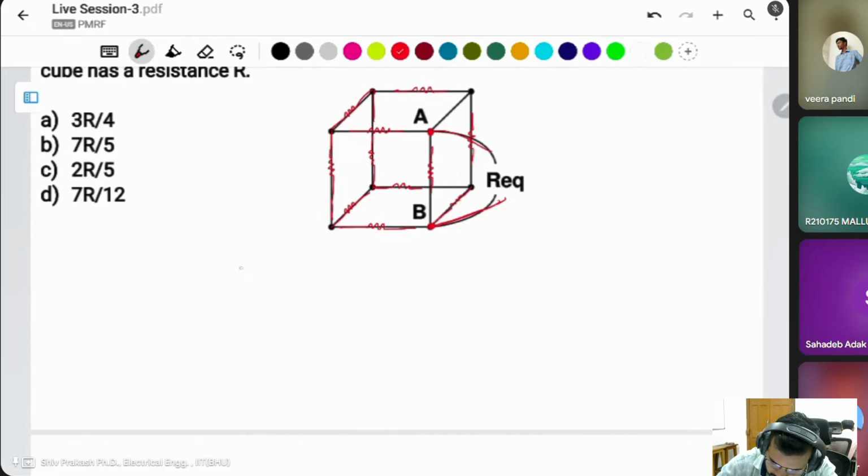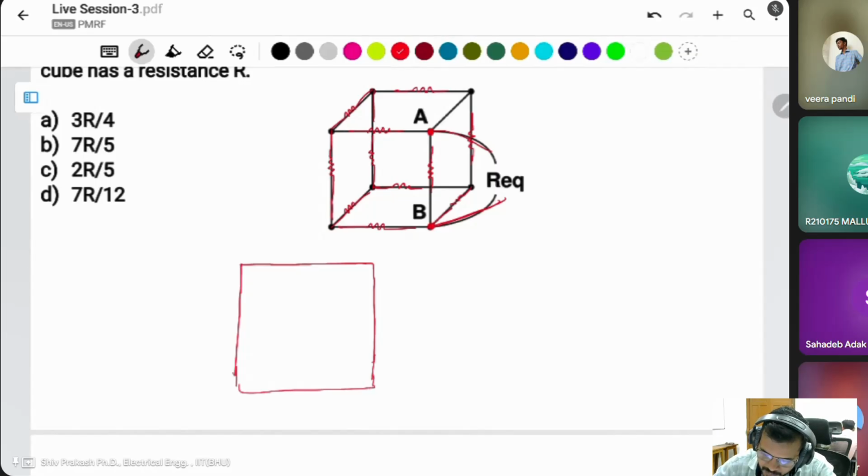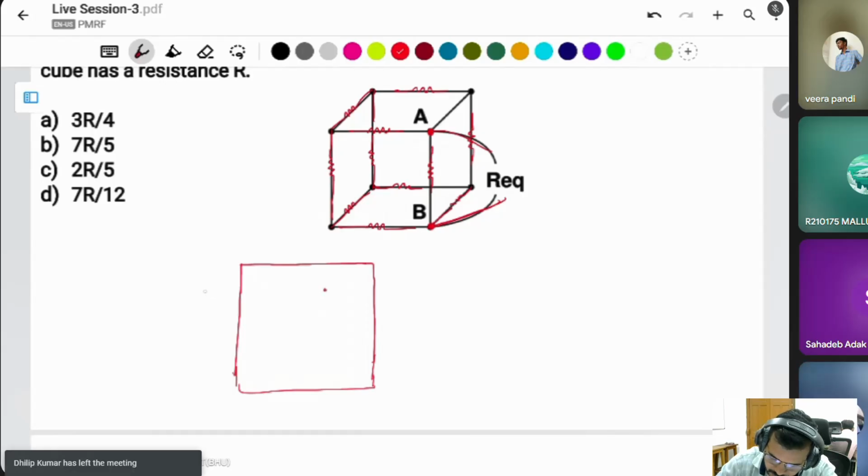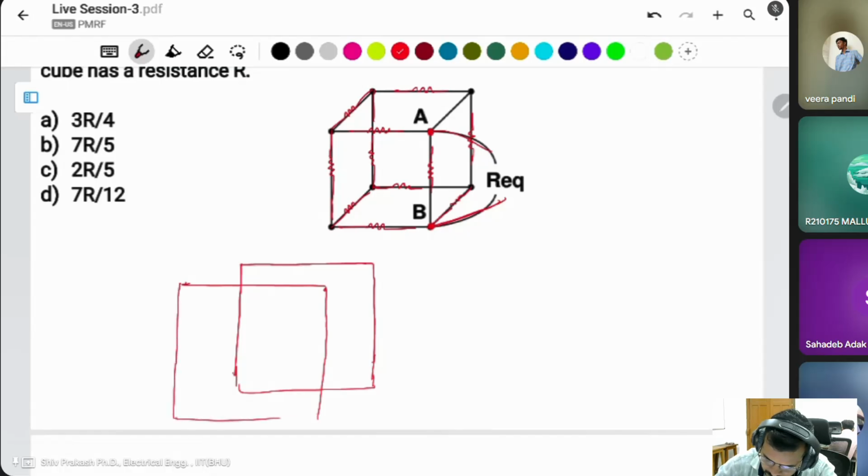Okay, same thing we will draw here. This shows a resistance at each one resistance.